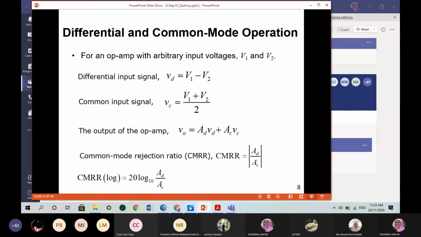That would be the common mode rejection ratio. And CMRR we normally refer to in dB units. So if you want to make it into dB, you have to take 20 log. Okay, and the CMRR is simply the ratio of AD to AC.